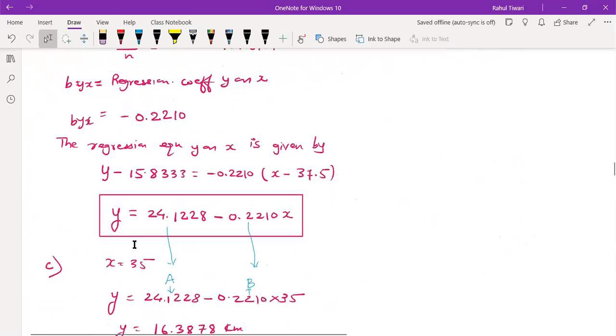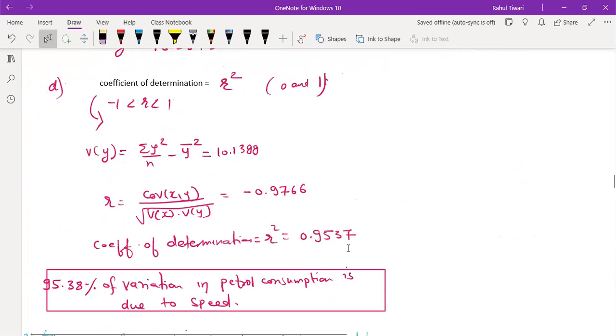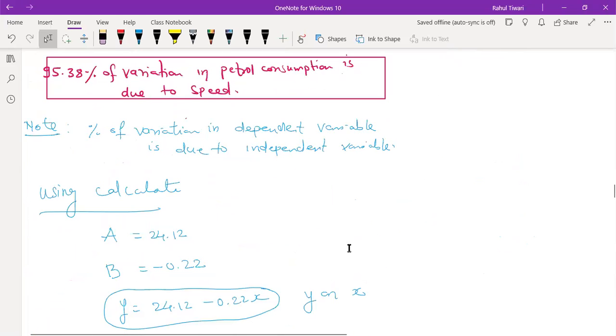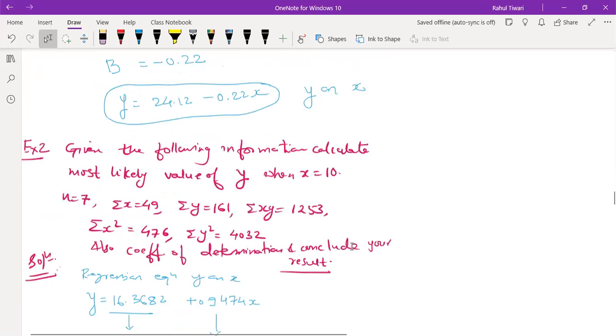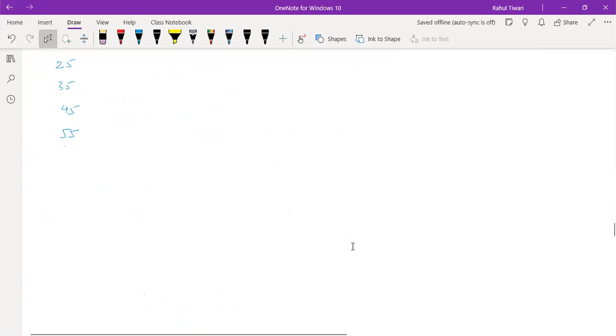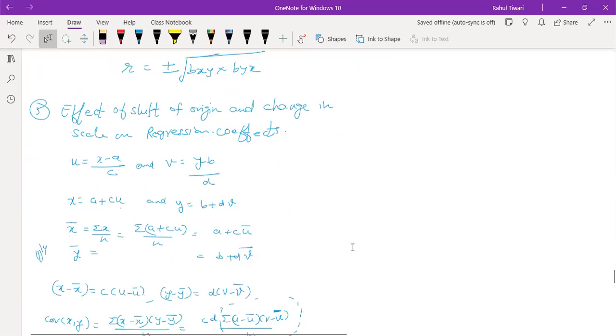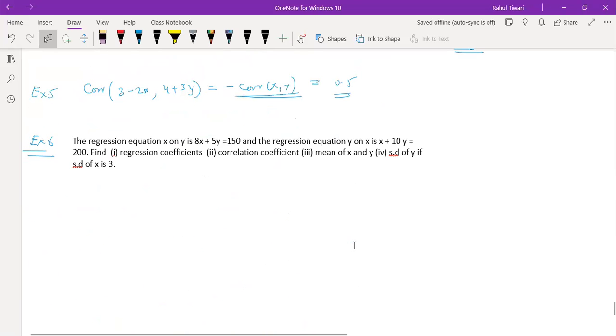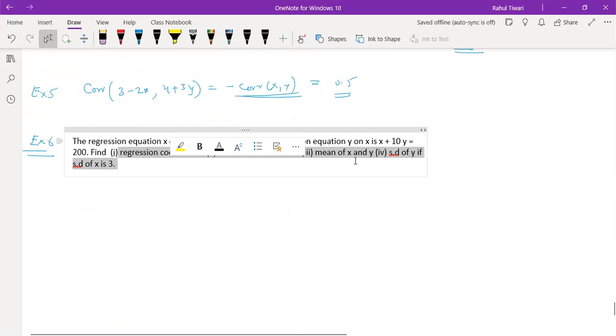Now we'll go the reverse way. We will be given the regression equation, and now based on that, we will try to find out the regression coefficient, correlation coefficient, mean of x and y, and standard deviation of y when standard deviation of x is given, and so on.